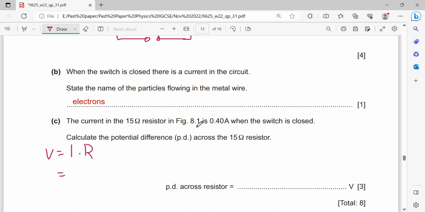So I equals 0.4 amps, times 15 ohms, and it's going to be 6 volts. So the answer here is 6 volts.